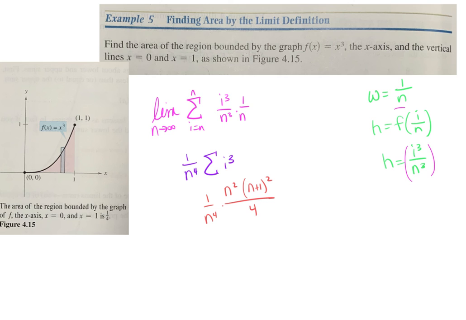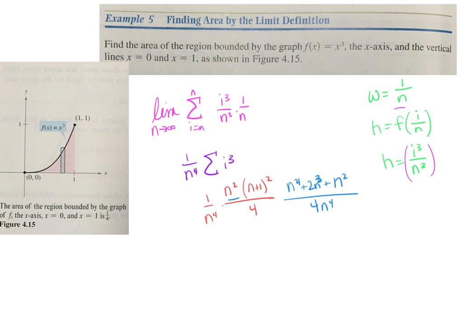All right. Simplify it. When I FOIL this guy out, I get n squared plus 2n plus 1, and then distribute this n squared. So that becomes n to the 4th, 2n cubed, and n squared, all over 4n to the 4th, right? So far, so good? Now here's the thing.